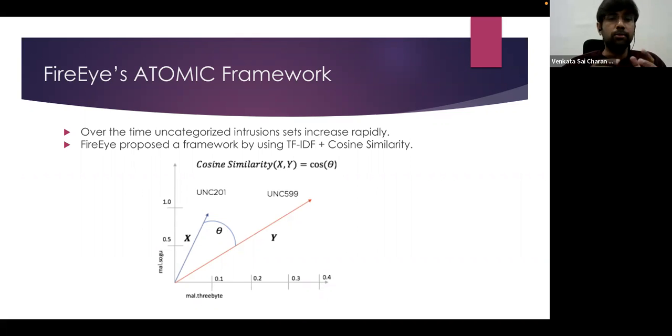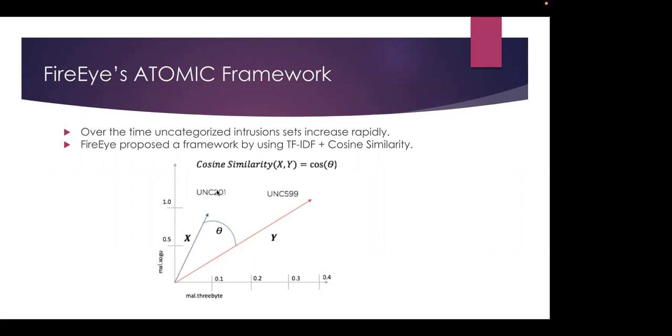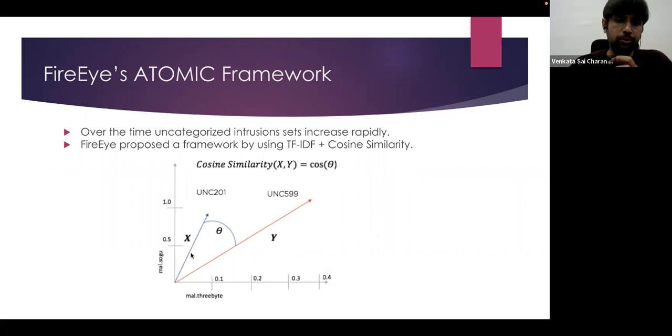After assigning these weights to the unclustered groups, they convert each group into a vector form, and then calculate the cosine similarity between these unclustered group vectors to attribute them.